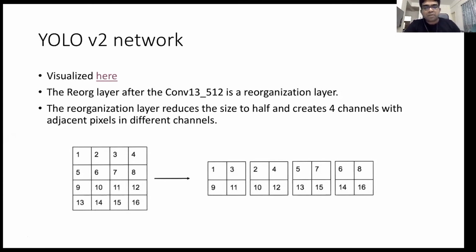What they try to do here is get the feature maps from higher dimensions, and then use them in your lower dimensions to make up for your loss of information. That's what the reorganization layer tries to do. It just reduces the size by half and increases your number of channels by 4x.